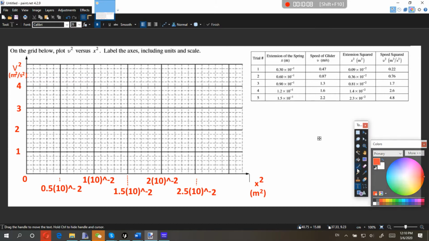So I've got 0.09 and 0.22. So that's somewhere in here, and 0.22, 0.36 and 0.76.